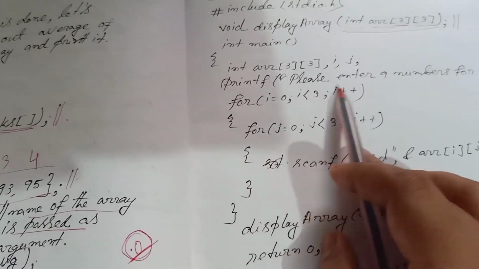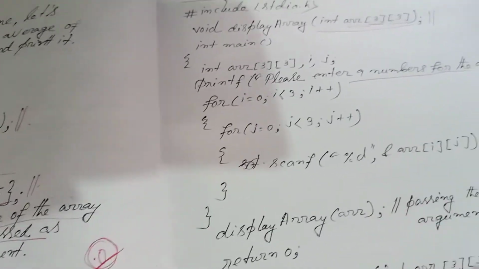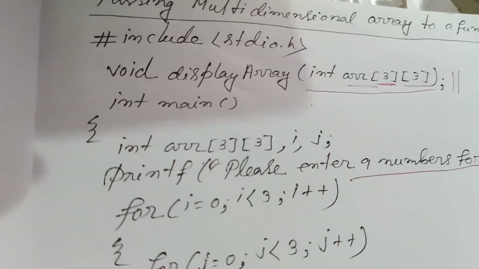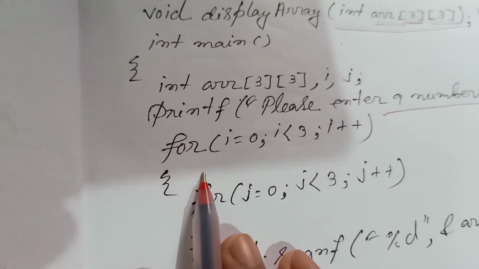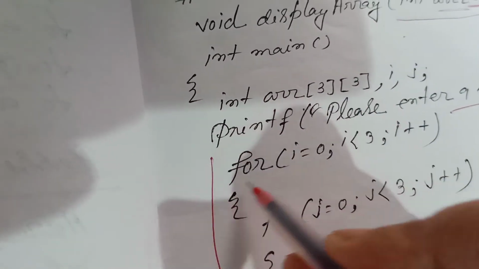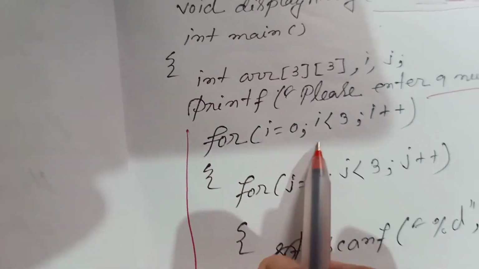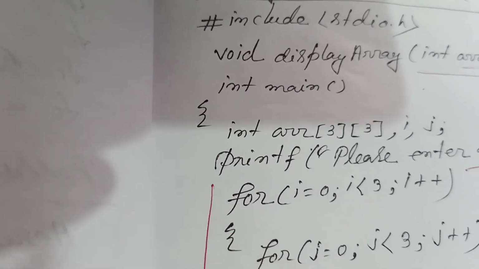Now printf, please enter 9 numbers for the array. Okay, so putting the value in the row and the column both, we are taking two for loops, as we already discussed and learned.